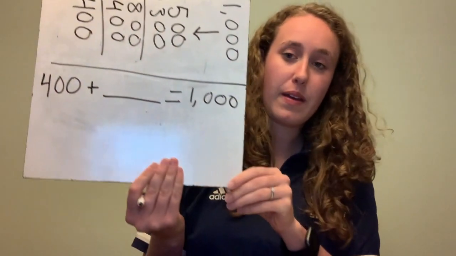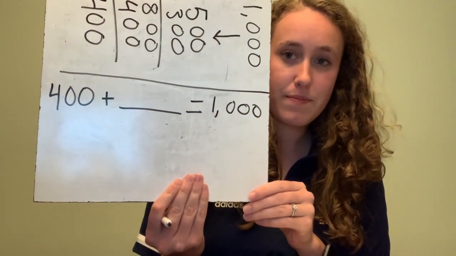Our equation might look something like this. 400 plus blank equals 1,000. We can flip this to subtraction to find the answer.